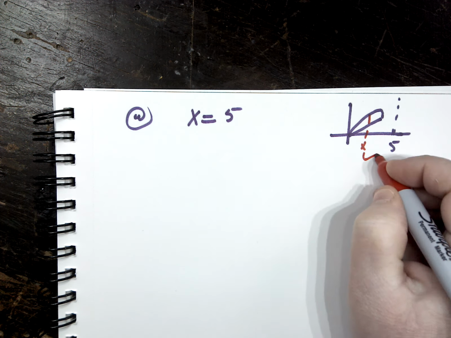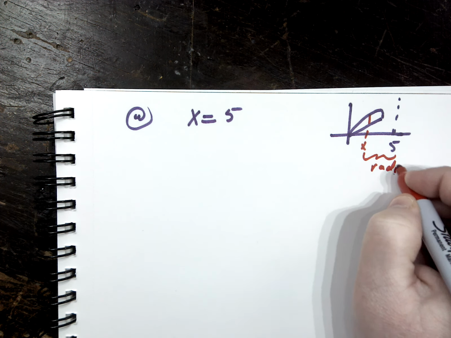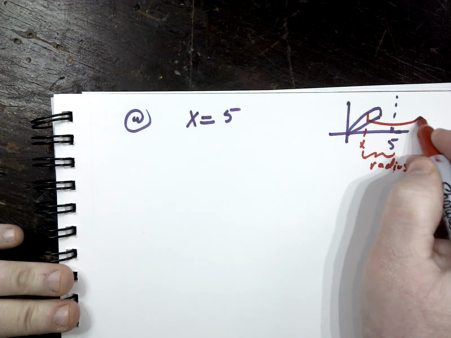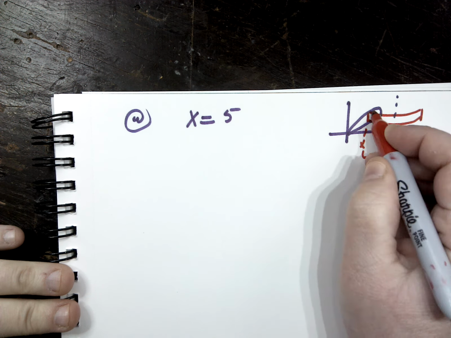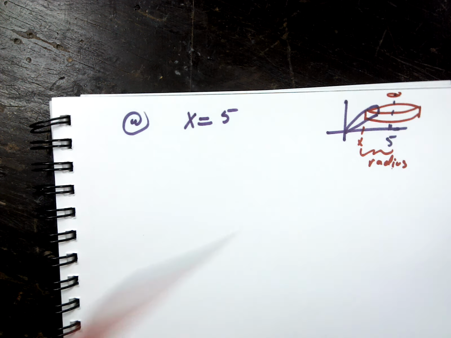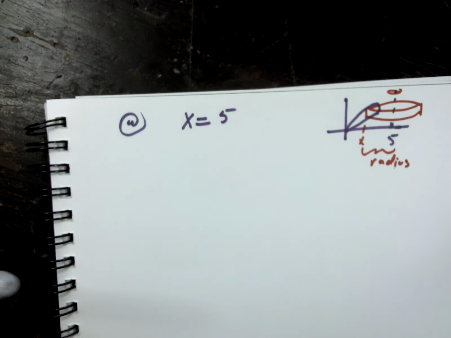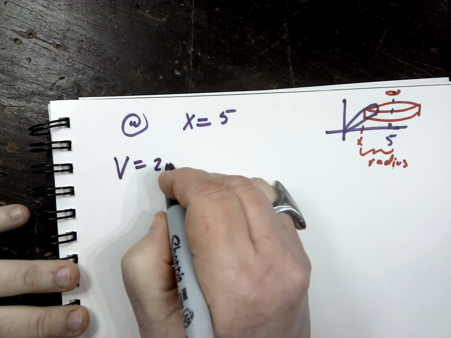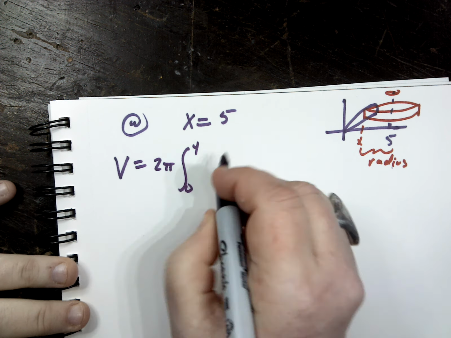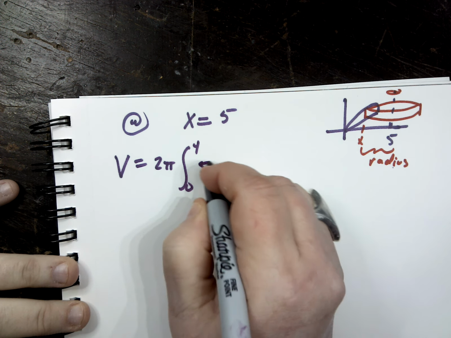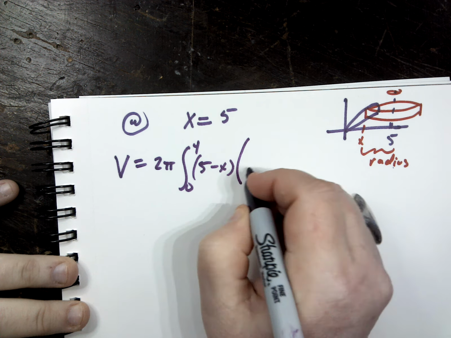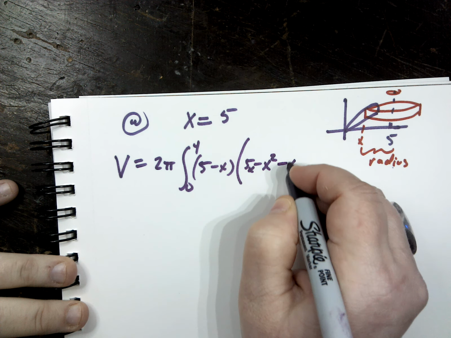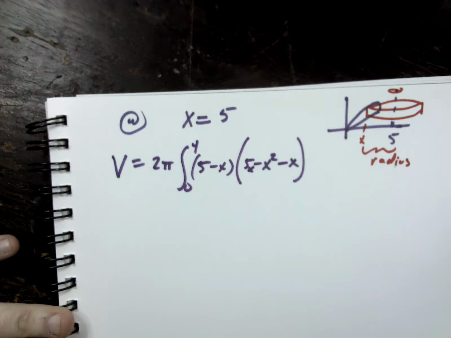Generic x, and that's the radius. Because this is parallel, so I will use shell. Volume equals 2 pi, integral from 0 to 4. My radius is 5 minus x. The height is the difference in my functions.